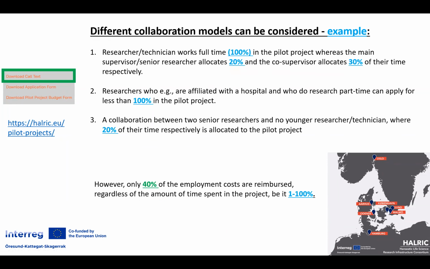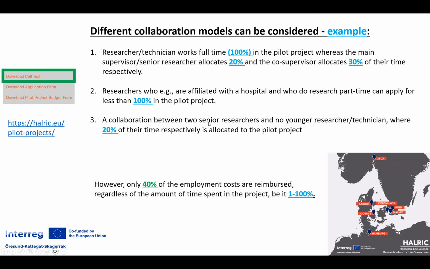And then here is a small example. Imagine that you have a researcher or technician or PhD student working 100% in a pilot project. You need to have a supervisor and a co-supervisor, and they can work 20 or 30%. While if you have a researcher from a hospital, usually they have clinical duties, so here it's accepted to work, of course, less than 100%.